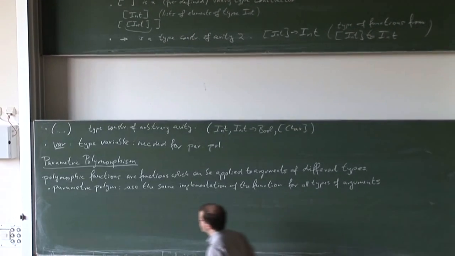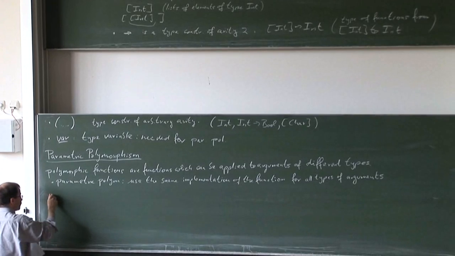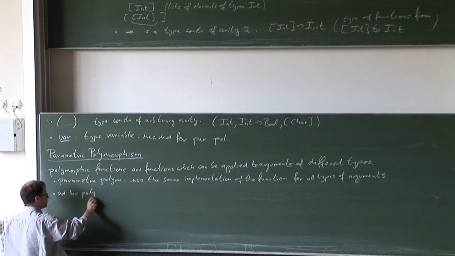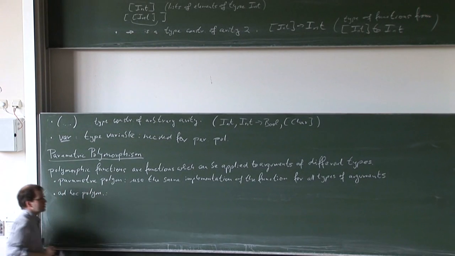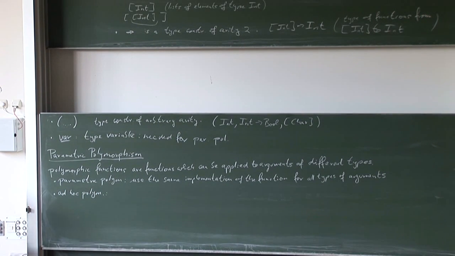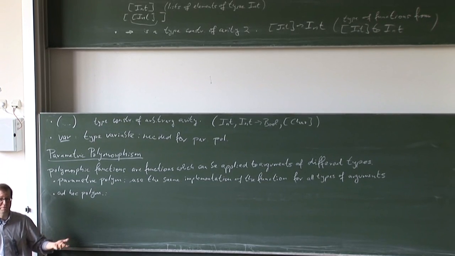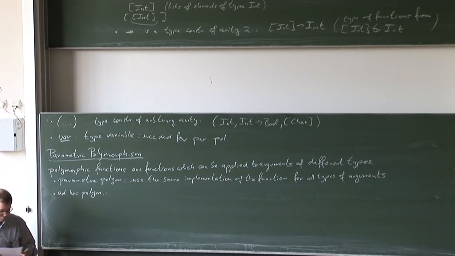And the other form of polymorphism is called ad hoc polymorphism. And this means, depending on the types of the arguments, you use different implementations. So this function has many implementations, and in order to decide which of these implementations to use, you look at the types of the arguments. So if the arguments are integers, you use implementation 1. If the arguments are booleans, you use implementation 2.